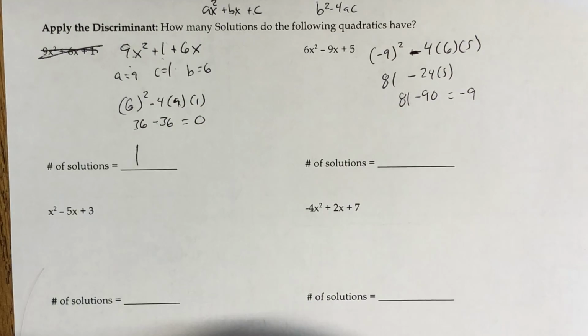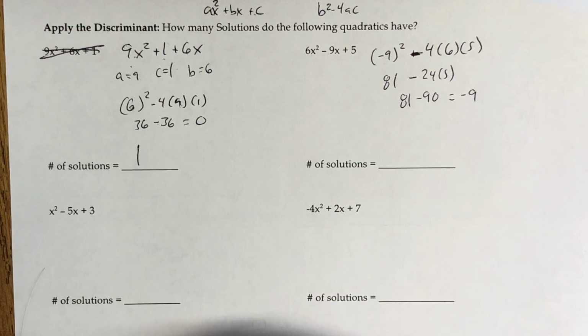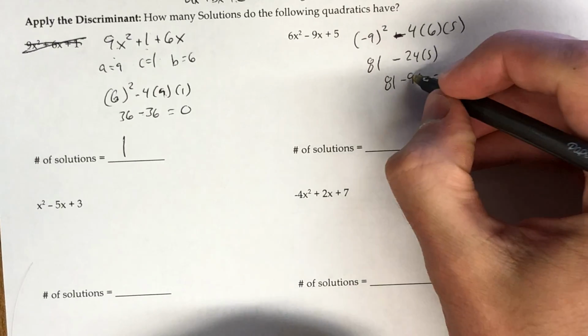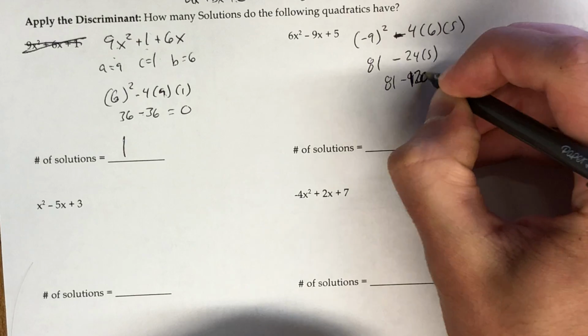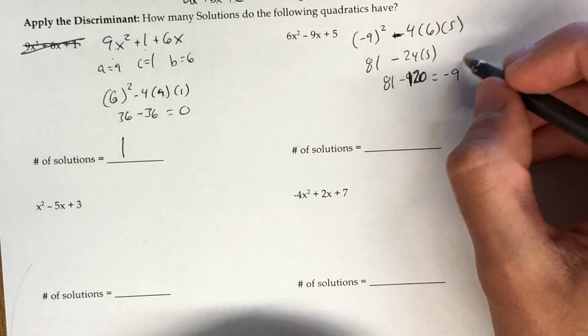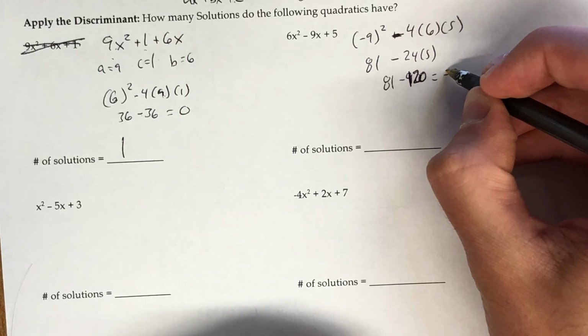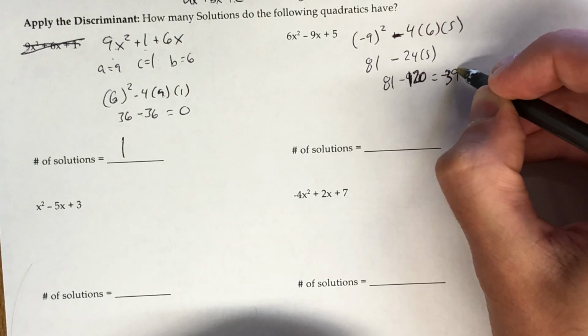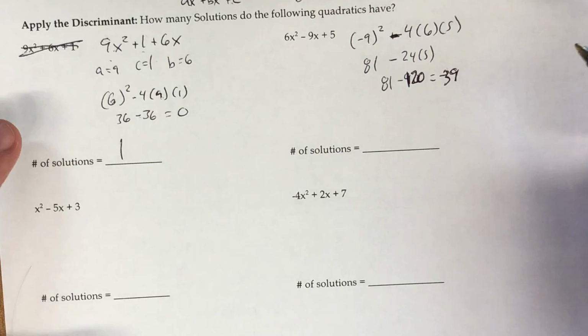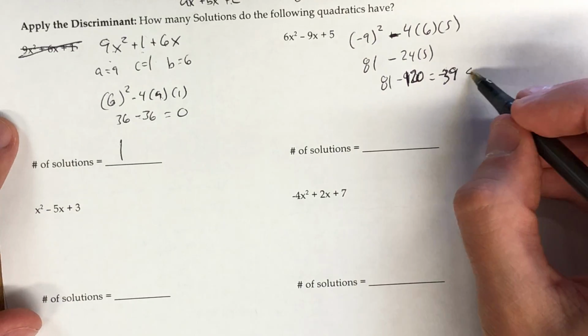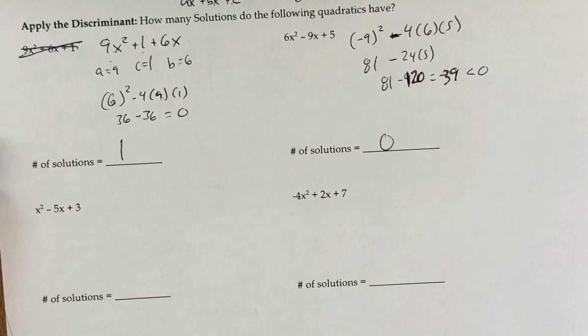Wait a minute. What am I doing? That's 120. It's not 90. 81 minus 120 is -39. Sorry, I'm doing mental math and just tripping up. Regardless, negative number, less than 0, so we have 0 solutions.